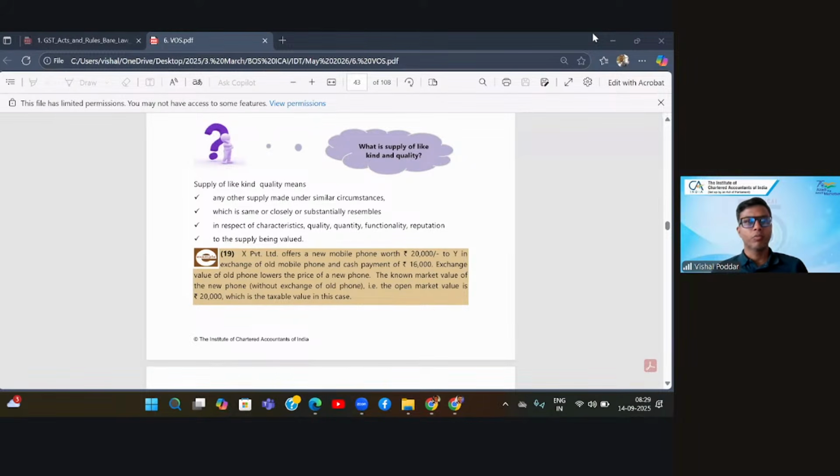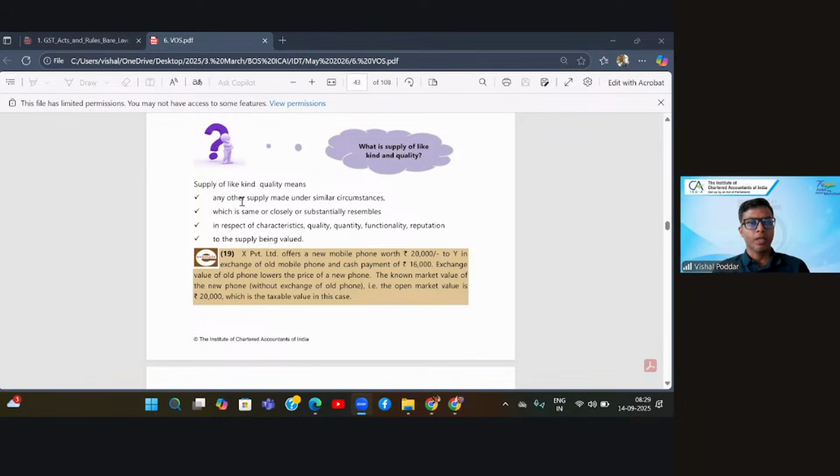See, what is C? In C, I will try to find out similar chartered accountants' service value and not similar lawyers' service value. So what is goods of like kind?